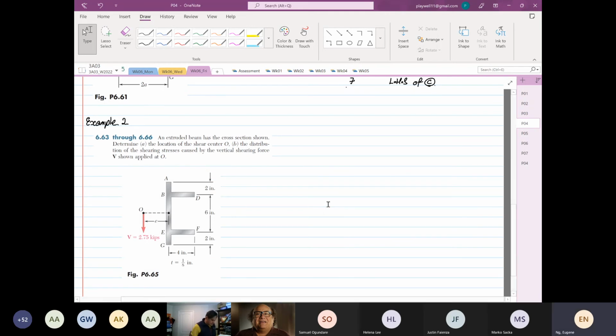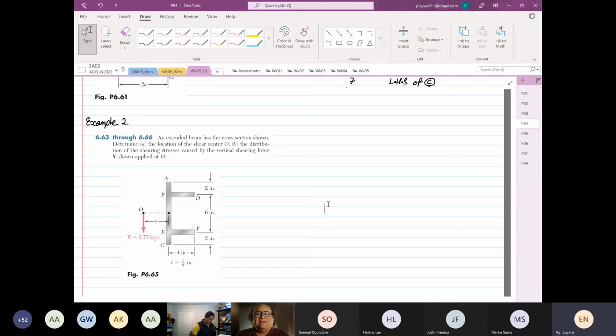So the extended beam has a cross section shown. Determine the location of the shear center, and the distribution of the shear stress caused by the vertical shear V shown at point O. So now we have to calculate the actual magnitude.